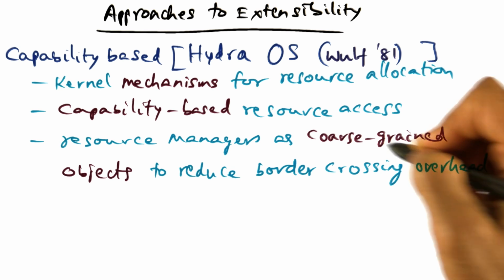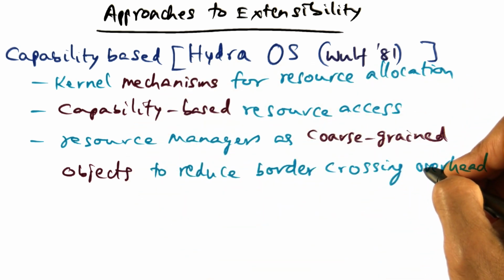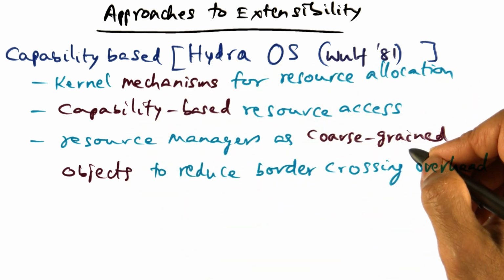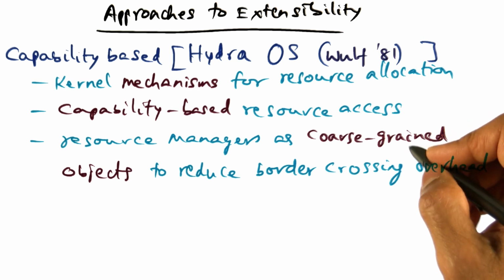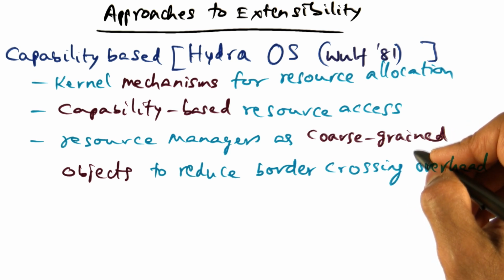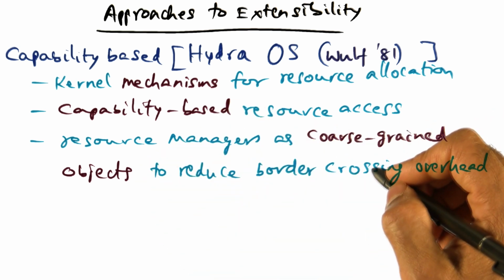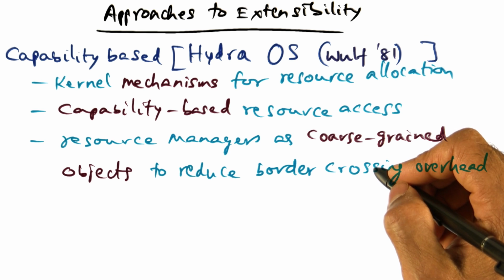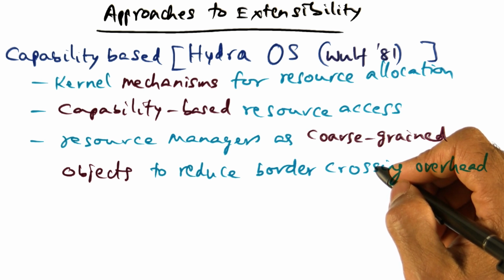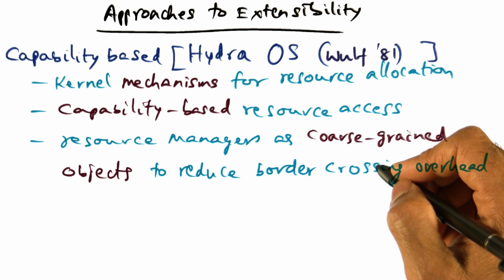And implementing resource managers as coarse-grained objects also means that it limits the opportunities for customization and extensibility. In other words, the coarser you make these objects, the less opportunity you have for customizing the services, which is exactly the strike against monolithic kernel as well.